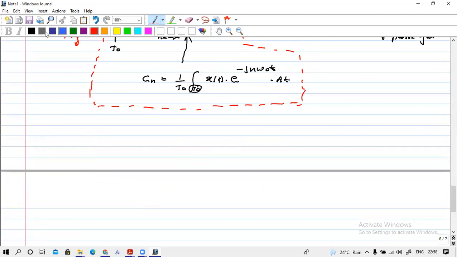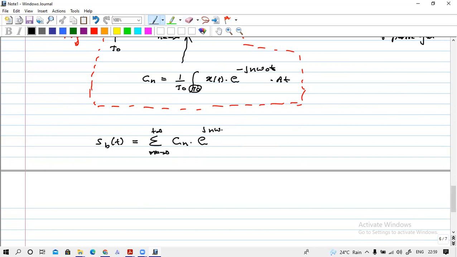So I can write it like this: s_b(t), my complex baseband signal, is equal to the sum from n equals minus infinity to plus infinity of Cn e to the power j n omega naught t. Here the fundamental frequency of s_b is omega m, so I use omega m instead of omega naught.